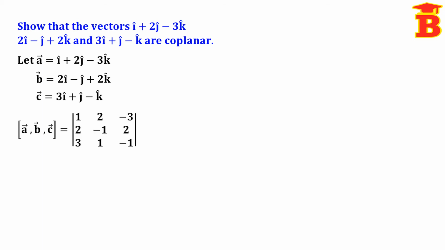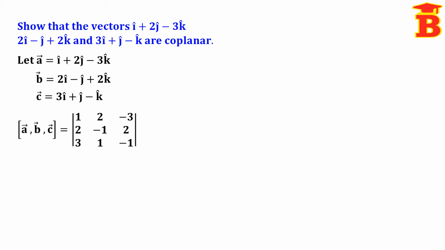That is equal to determinant first row A vector numbers 1, 2, minus 3. Second row B vector numbers, that is 2, minus 1, 2. Third row C vector numbers, that is 3, 1, minus 1. Now expand the determinant.